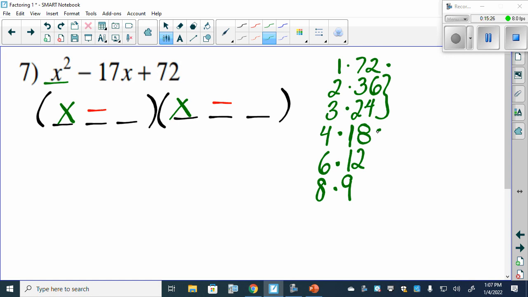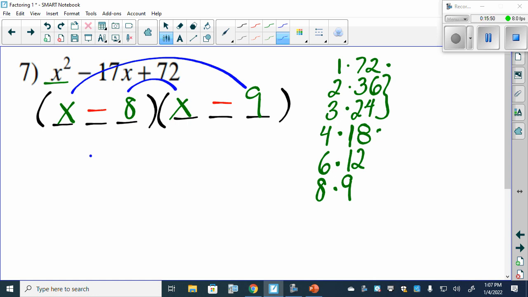Well, 18, 24, 36, and 72 are all bigger than 17. There's not any chance of it going down, decreasing. So looking at these other three, which one do we want to try? 8 and 9. Because what is 8 plus 9? 17.